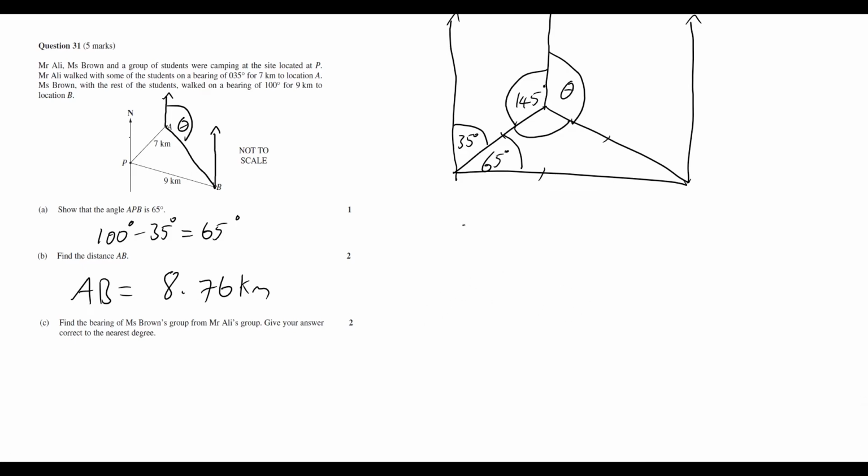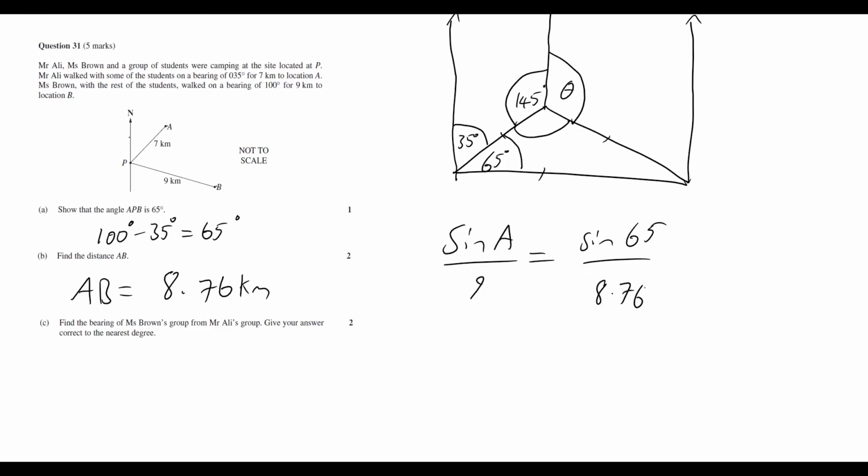So what we can say is that the sine of A, just referring back to our original diagram, so that's point A, so sine of angle A over 9 kilometers is actually going to be equal to sine of 65 over the opposite side length, which was 8.76.